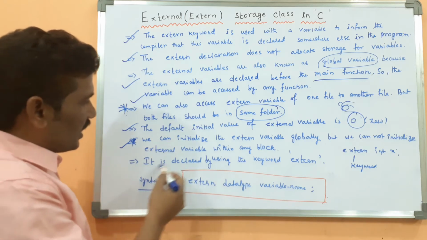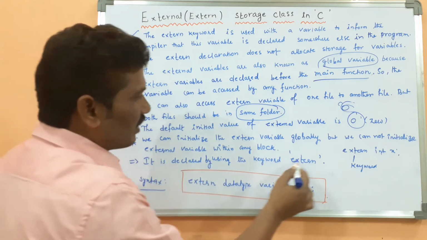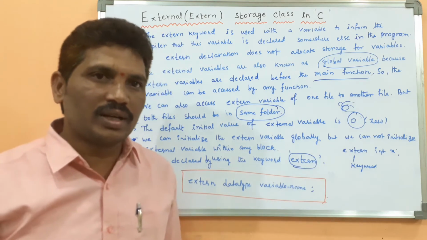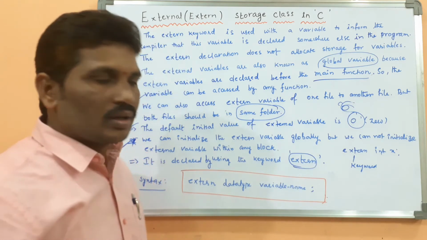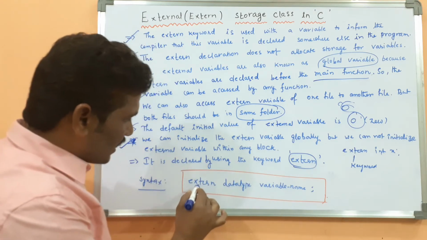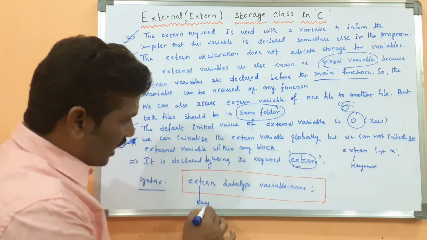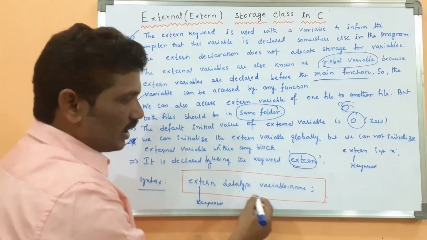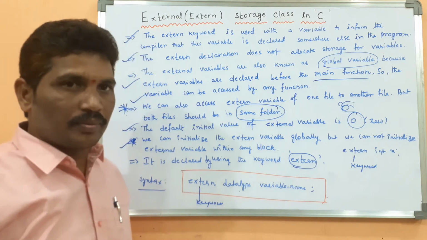The final statement: it is declared by using the keyword extern. How do you say whether it is an external variable or an auto variable? Because extern is the keyword. Already I wrote here: extern, then data type, then variable name.